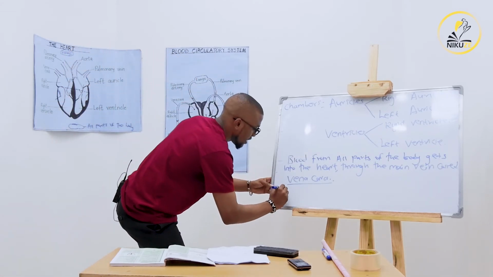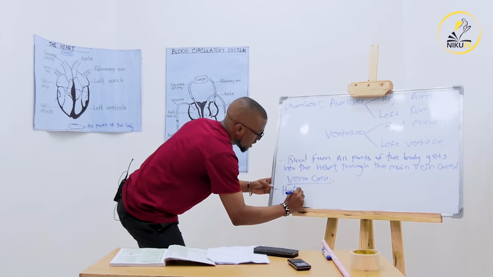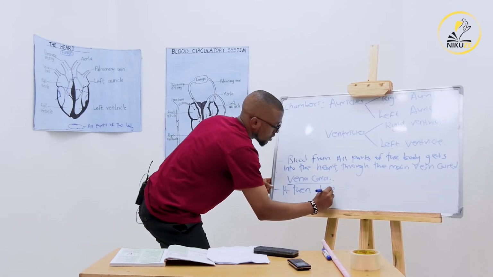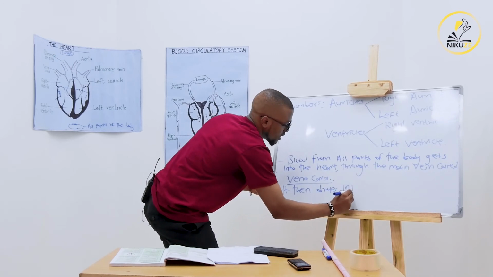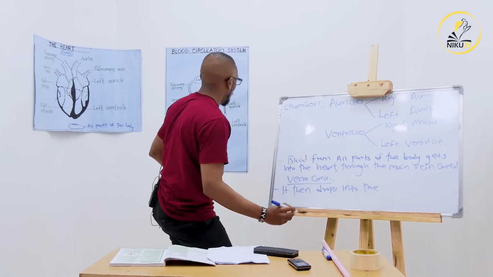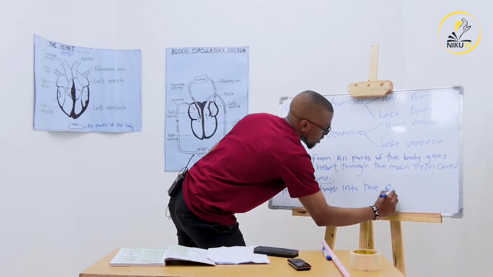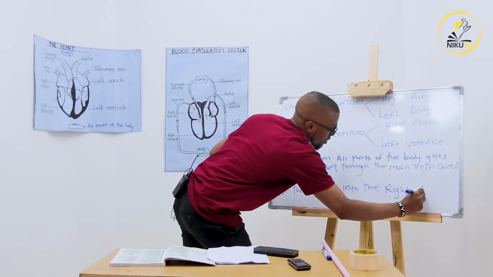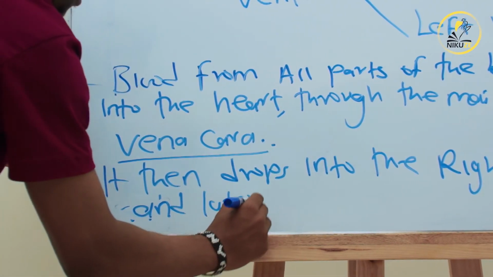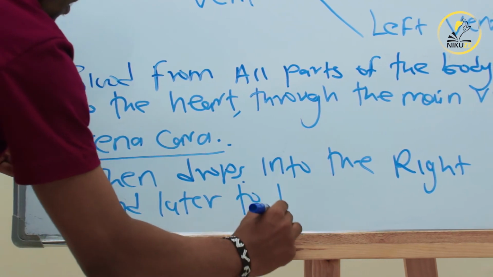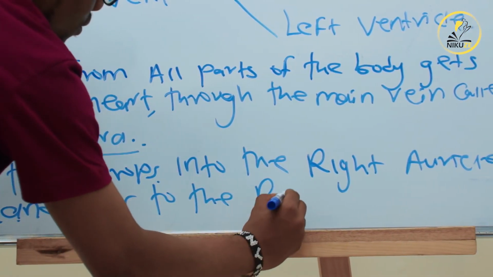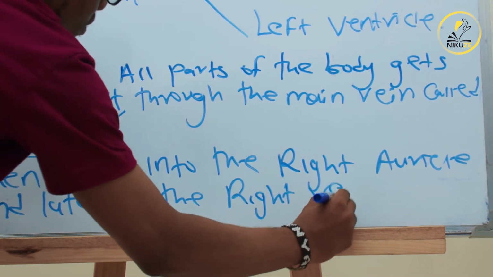It then drops into the right auricle, and later to the right ventricle.